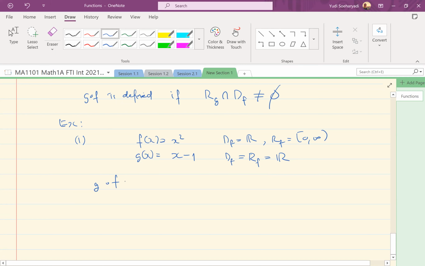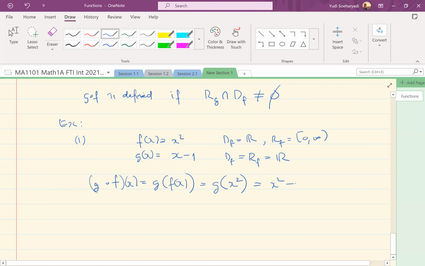g follows f applied to x means this is f of x, which is x square. Remember that g is a rule, right? As a rule, it says subtract one, so subtract one from whatever the number is.